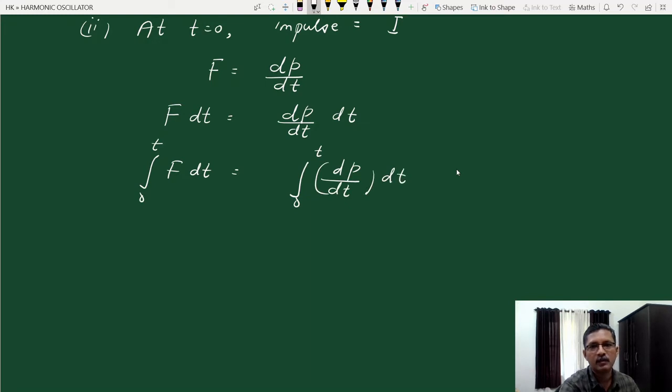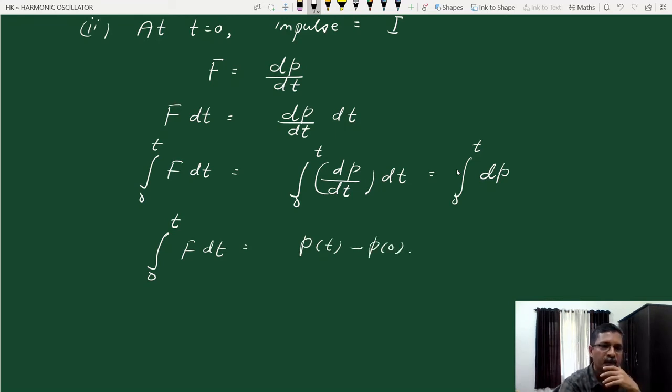Now the integrand on the right hand side is nothing but a small change in momentum. The derivative of momentum with respect to time into a small interval of time means a small change in momentum. Therefore, the integral 0 to t of F dt is equal to momentum at time t minus momentum at the initial time.